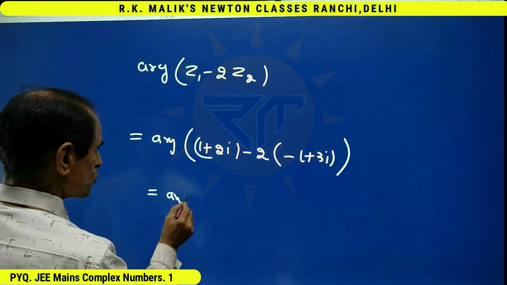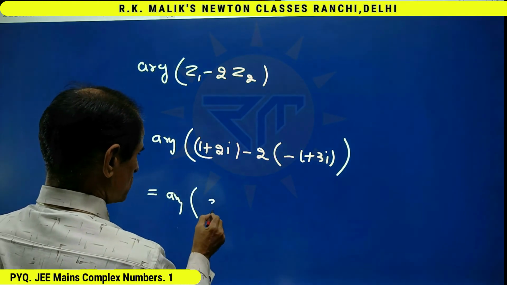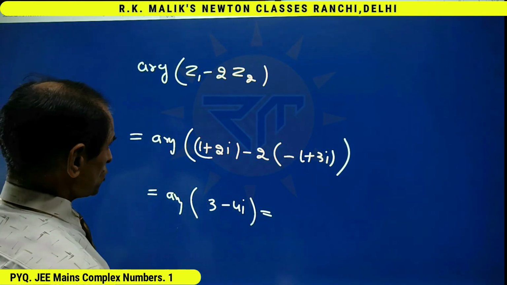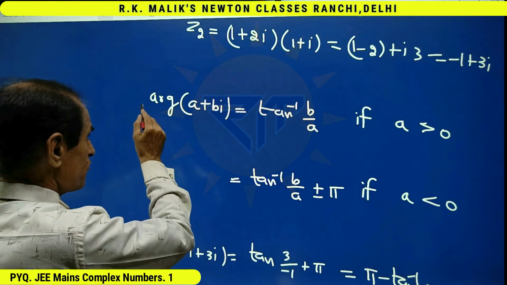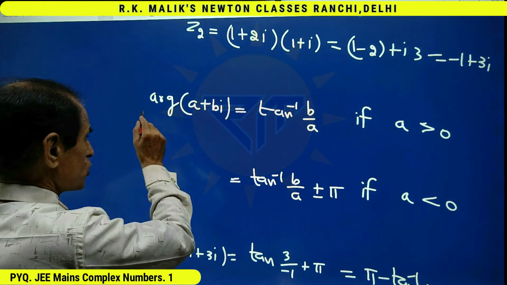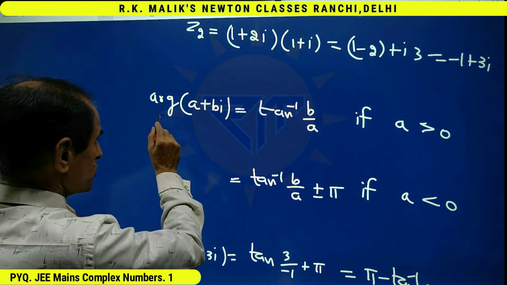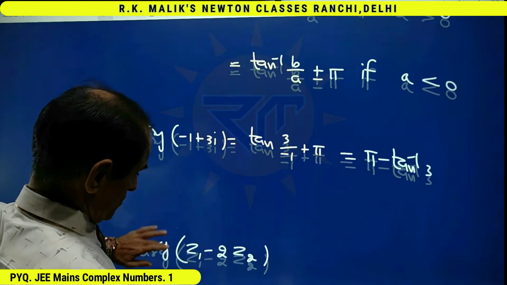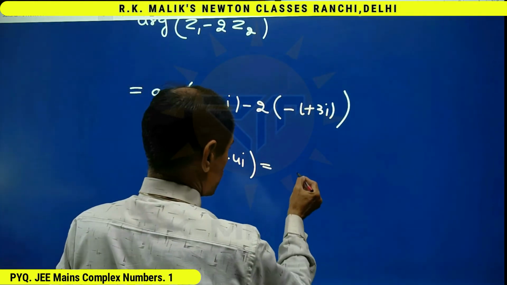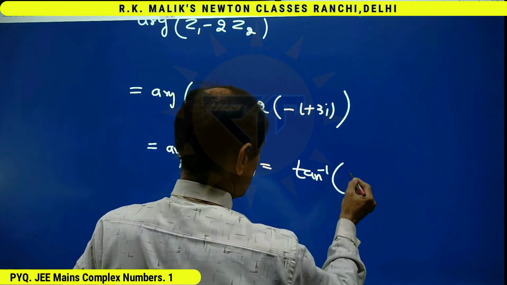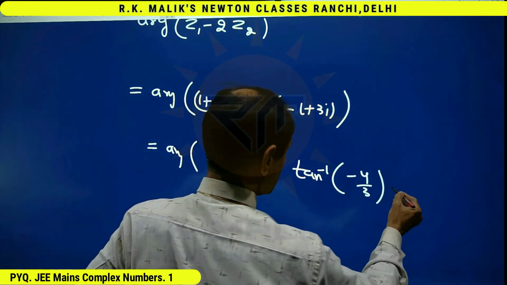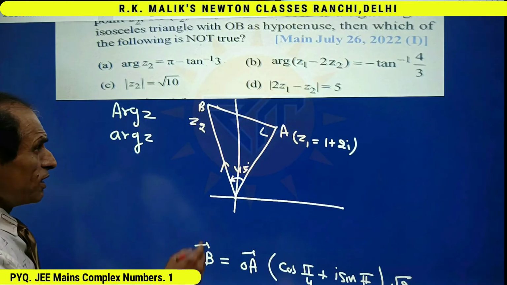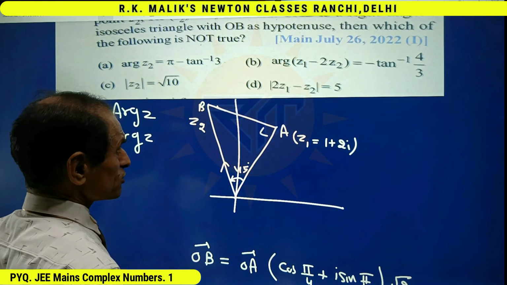That is argument of 3 minus 4i. And just now I told you, recall that when he has written small a, it automatically means he wants the principal argument, and it is tan inverse b by a if a is positive, and here a is positive, therefore I get the answer tan inverse of minus 4 by 3, that is minus tan inverse 4 by 3. Hence, the information of choice B is also correct.